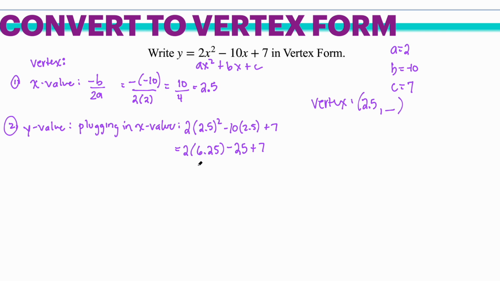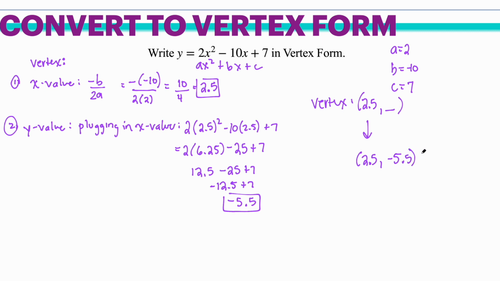So 2 times 6.25 is 12.5, minus 25 plus 7. 12.5 minus 25 is negative 12.5, plus 7, and that gives me negative 5.5. So therefore, I now know that my vertex is (2.5, -5.5).